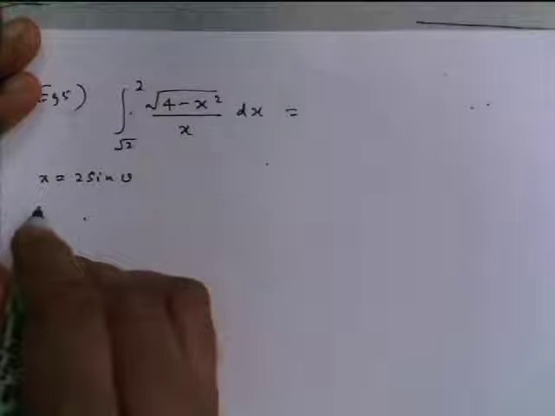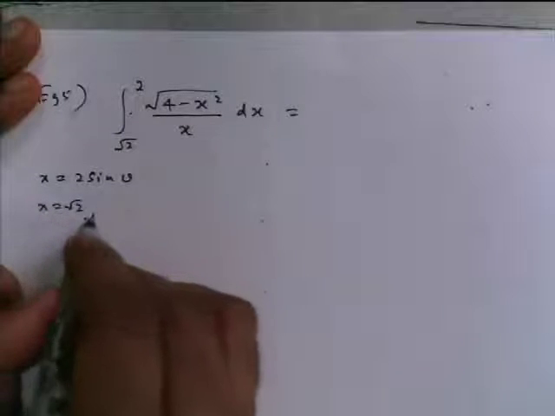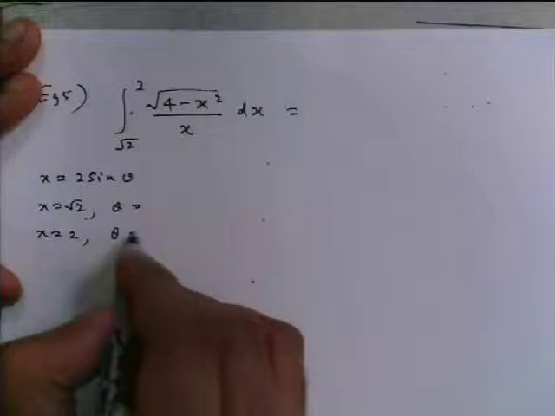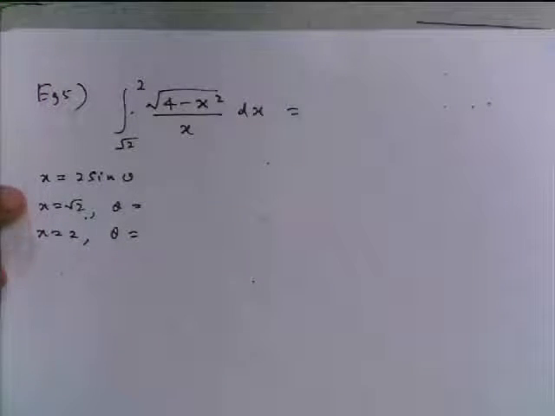Okay? So when x equals square root 2, what is theta? When x equals 2, what is theta? When x equals square root 2, this becomes square root 2 over 2. For what theta do you get square root 2 over 2 for sine?